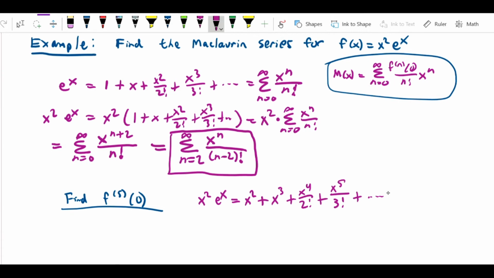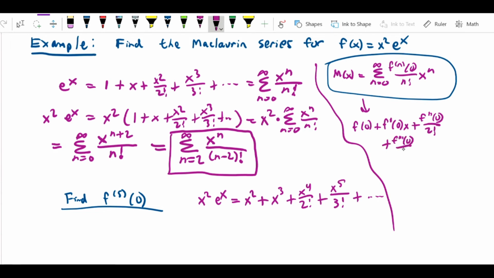Okay, now recall that a Maclaurin series has to look like this. It has to look like f of 0 plus f prime of 0 times x plus f double prime of 0 over 2 factorial times x squared plus f triple prime of 0 over 3 factorial times x cubed, plus the fourth derivative at 0 over 4 factorial times x to the 4th, plus the fifth derivative at 0 over 5 factorial x to the 5th, and we keep going.